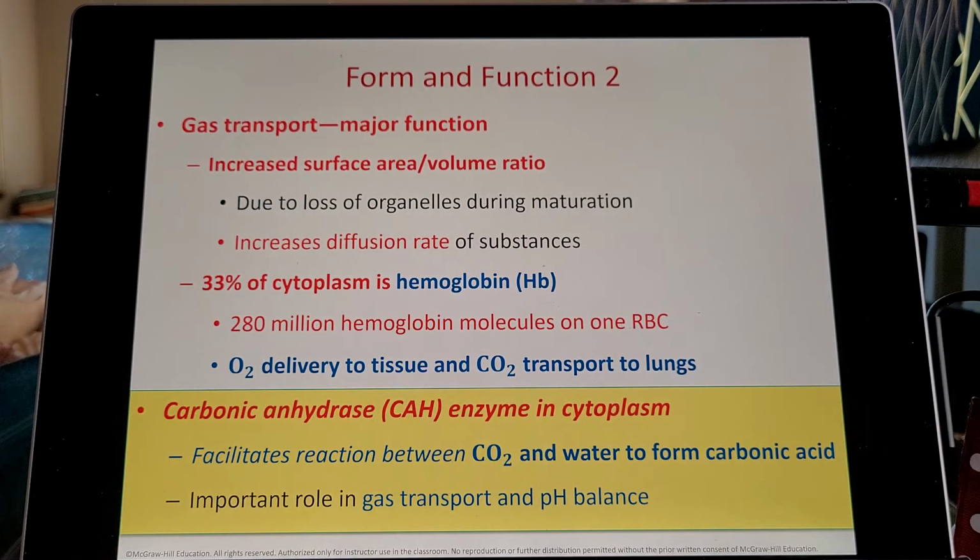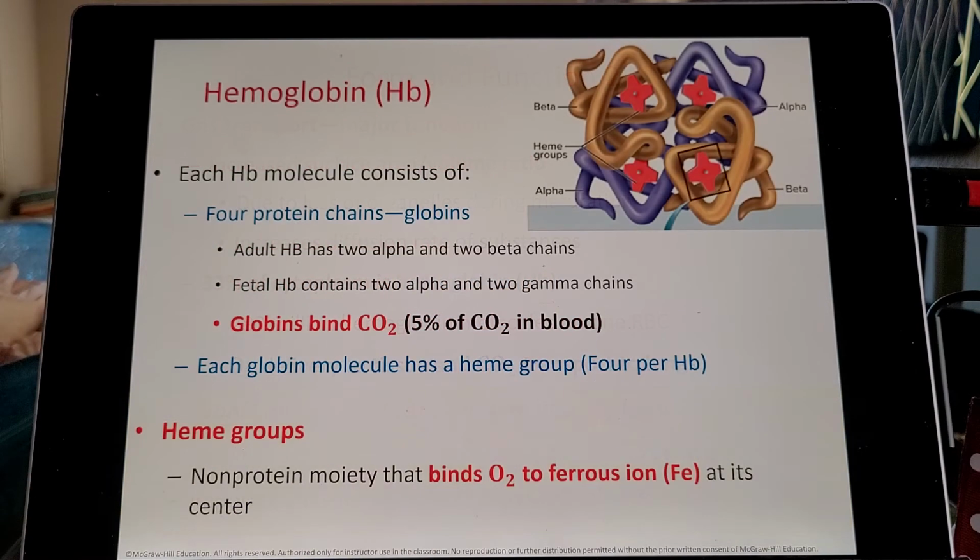We will talk about this reaction in exam 6, exam 7, exam 8, and possibly exam 9. I'm not sure, but I know definitely exams 6, 7, and 8 will all have that reaction of what happens to carbon dioxide when you combine it with water. So we'll talk about that somewhere.